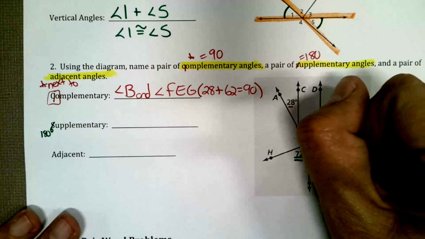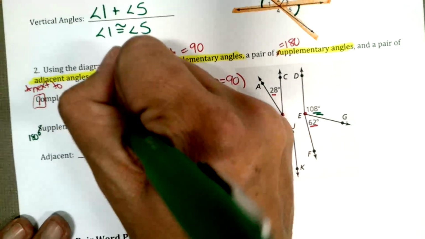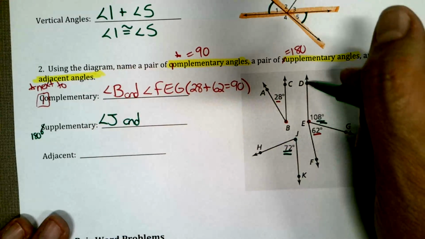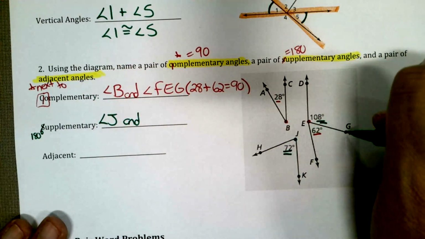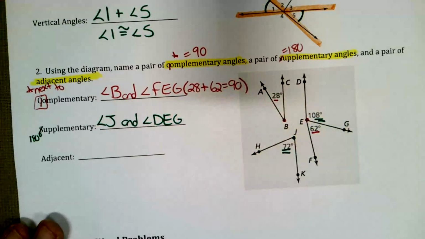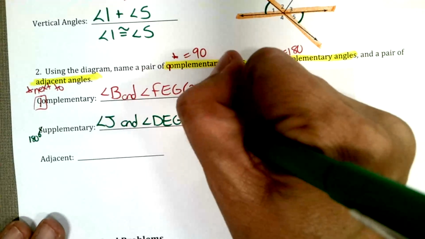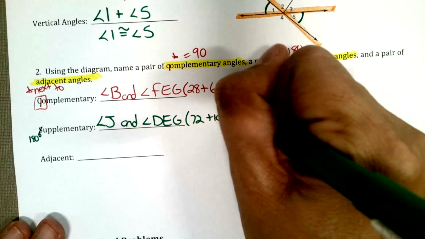So this we can just call angle J because it's the only angle at that vertex. 108 we could call angle DEG. So that would be our pair, and the reason is because 72 plus 108 equals 180.